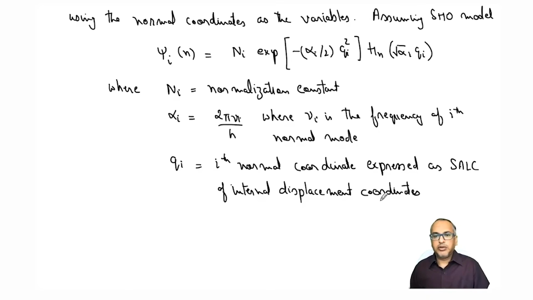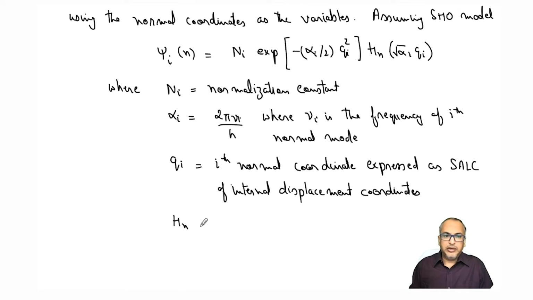Basically how the atoms are moving, so there that will be internal displacement coordinates. So a linear combination of internal displacement coordinates gives you a particular qi, which is normal coordinate of that particular normal mode, right? We have already seen this example.